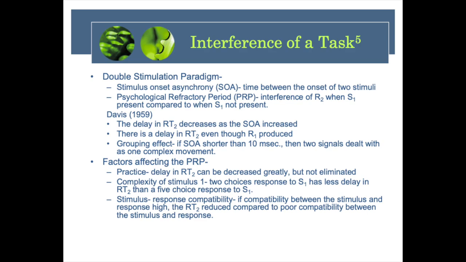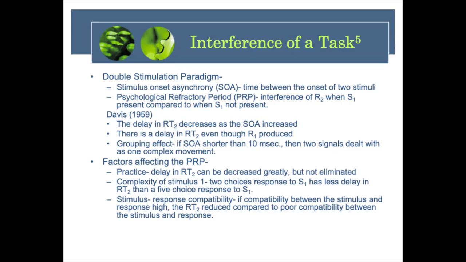And there's something called a grouping effect. If the stimulus onset asynchrony, or the two stimuli, are presented within 10 milliseconds of each other, what we actually do is group those two stimuli and produce one response.